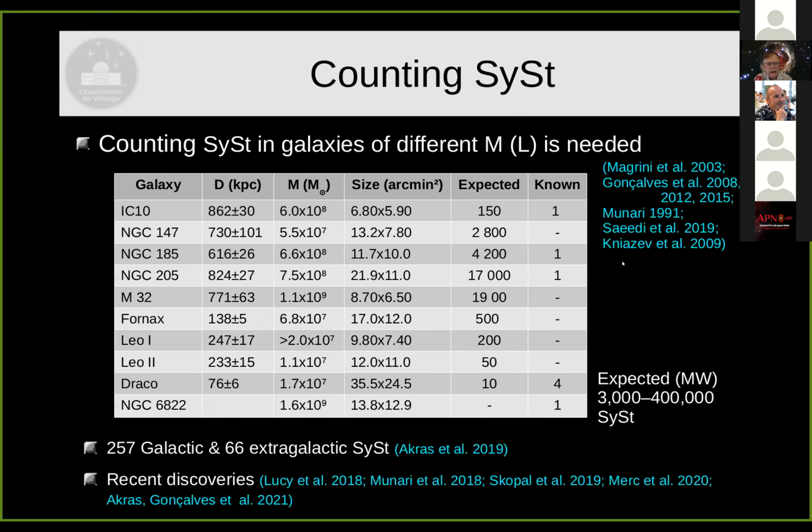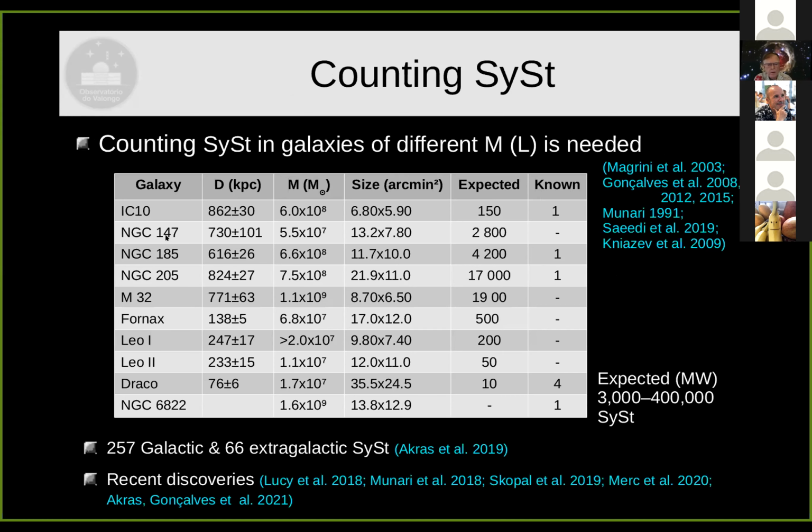The thing is, how do you count these kinds of objects? I'm trying to show you here that, in fact, I don't know how to do it very well. I'm showing the number of dwarf galaxies in the local group, and the idea is the number of symbiotic systems in each galaxy.